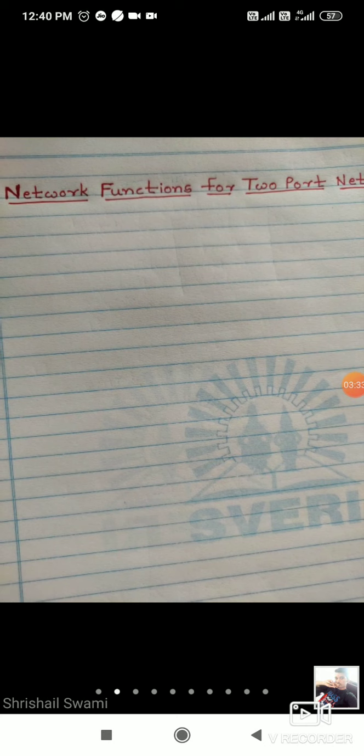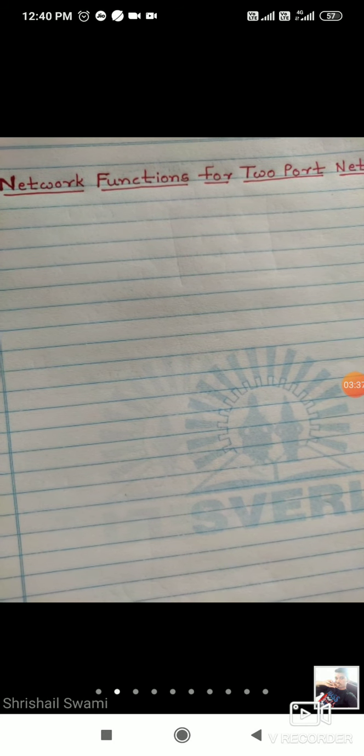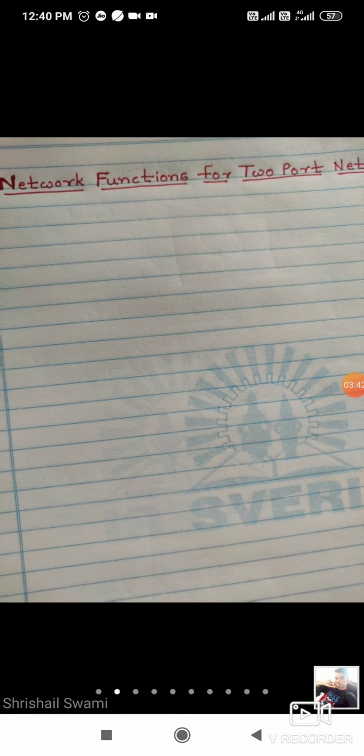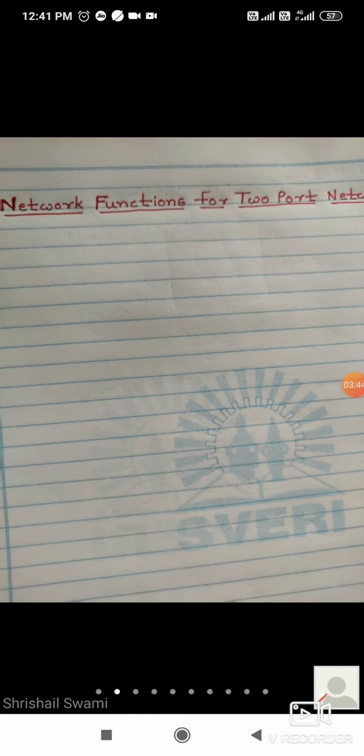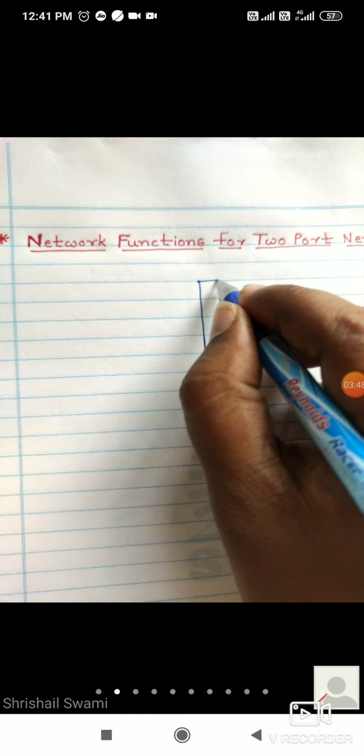Define the network functions like this: driving point impedance, driving point admittance, voltage transfer ratio, current transfer ratio, transfer admittance, transfer functions. So we start the network functions for two port network.